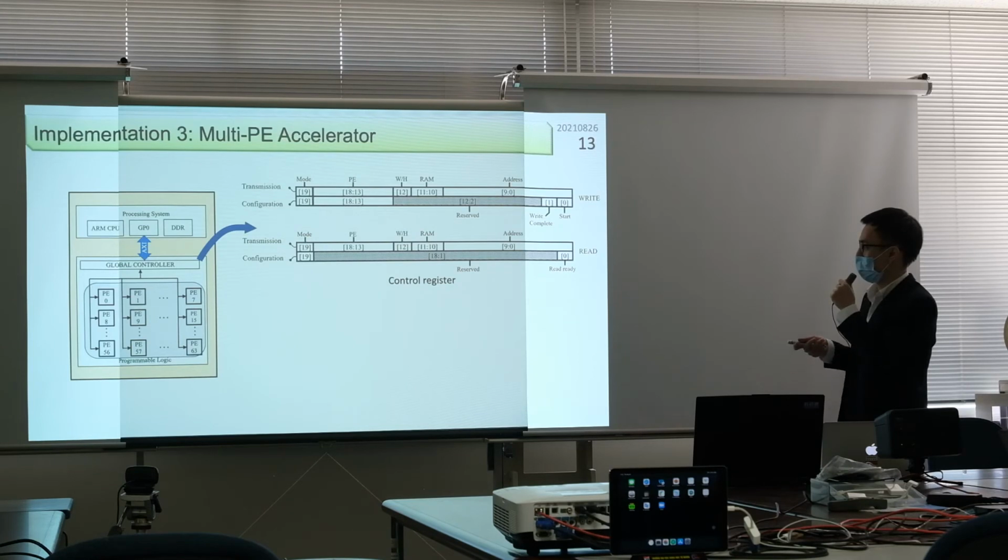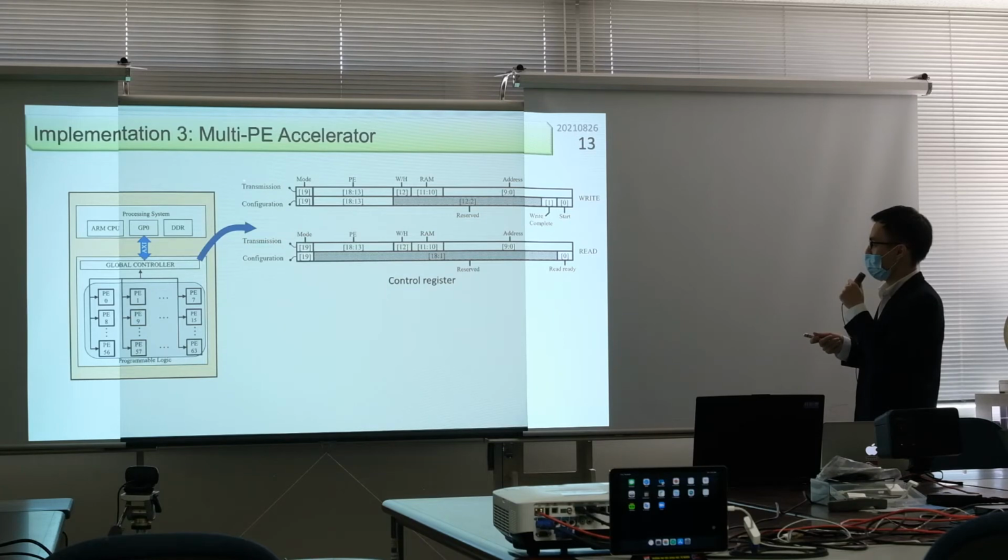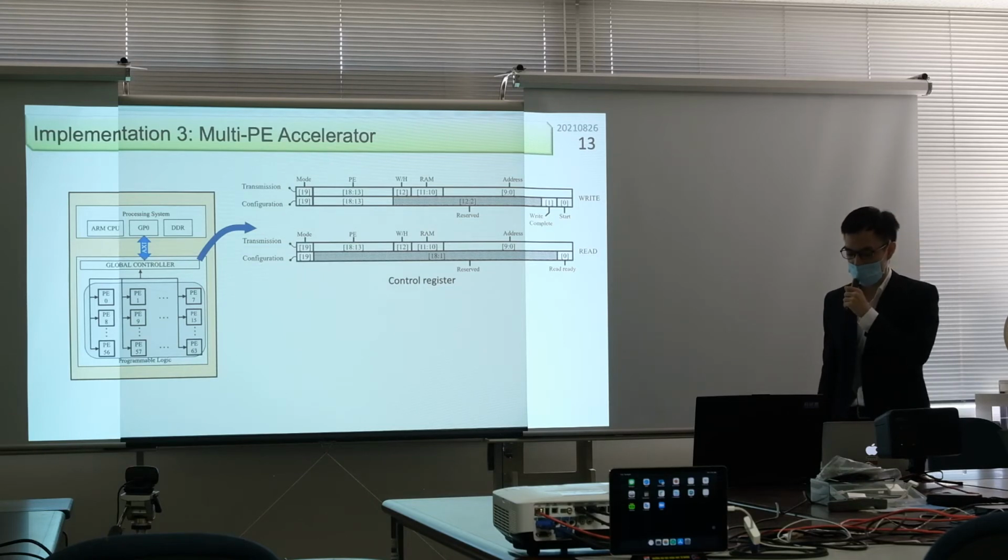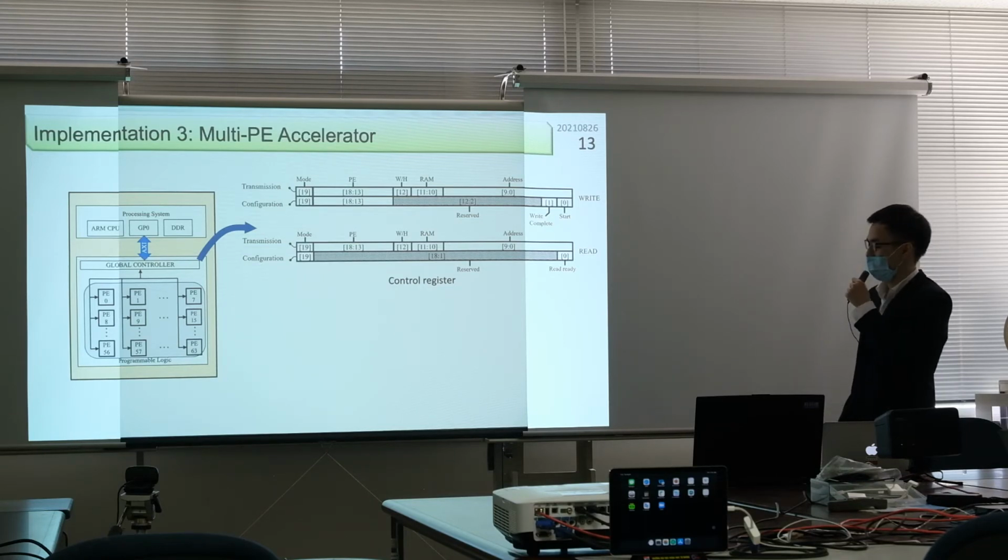To control every PE, we designed the control register. The control register has 20 bits and two modes. The first mode is for data transmission, and the second mode is the configuration. We use 6 bits to control 64 PEs, and the remaining bits are used for mapping the data to its slot inside the local memory.